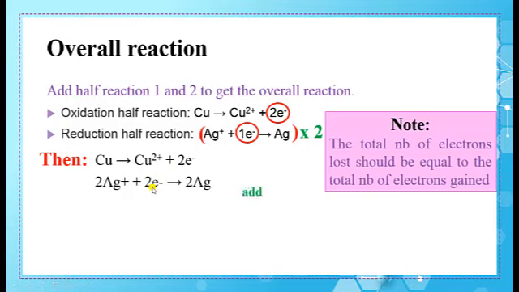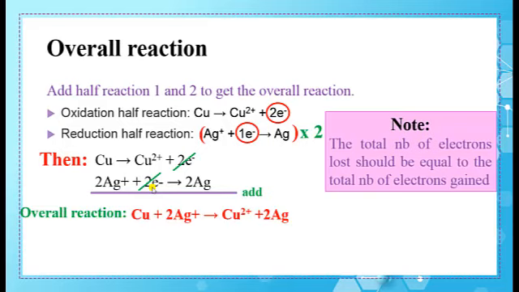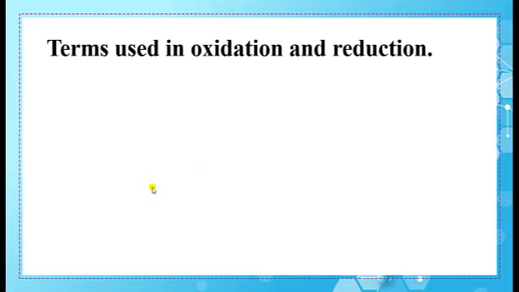Now we can add these two half equations. We cancel the 2 electrons gained and lost, and we get the overall equation, which is Cu plus 2Ag+ gives Cu2+ plus 2Ag.